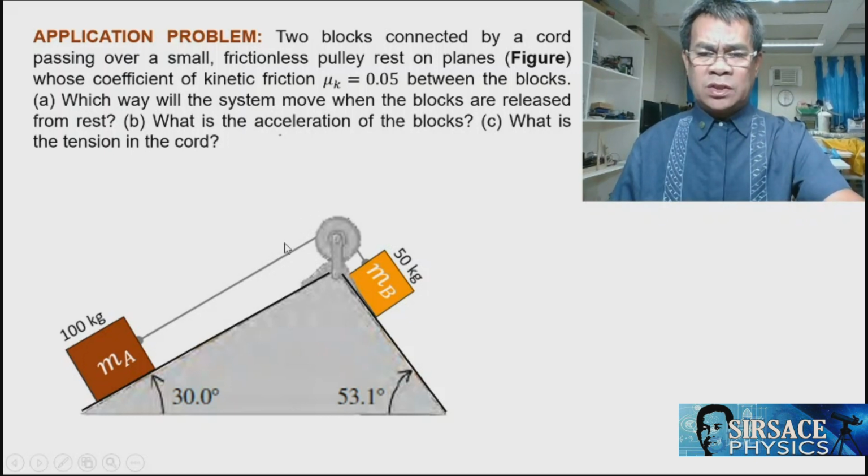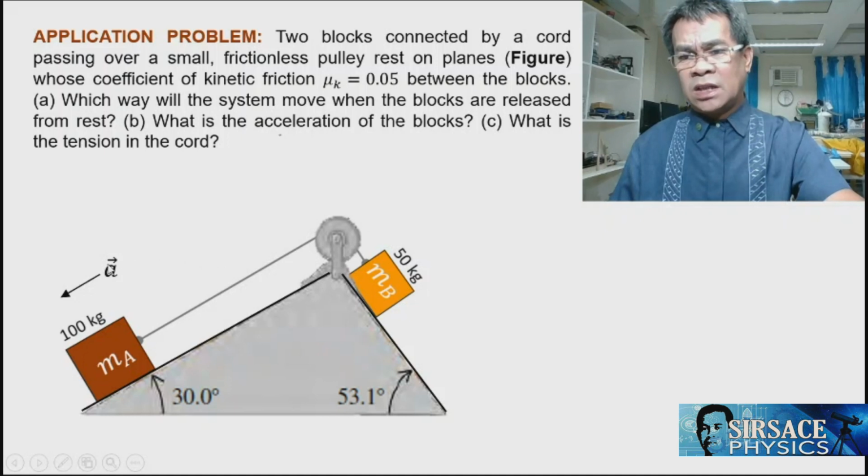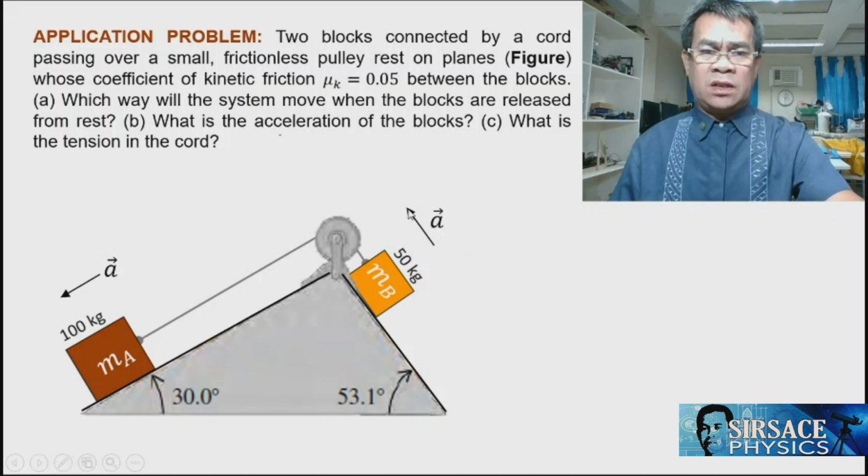So we will assume that block A will move down the plane while block B will move up the plane. In other words, we assume acceleration A is down the plane while acceleration B is up the plane. Whatever acceleration A has will be the acceleration of B.